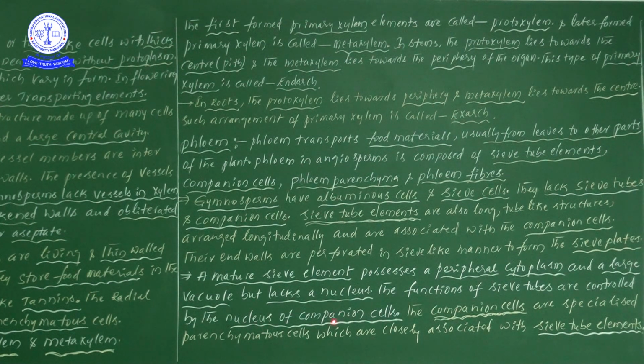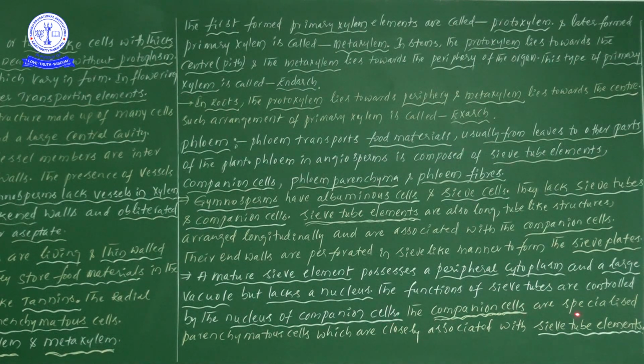It is a super topic; if you are understanding, okay, otherwise I will explain one more time in smart classes, no worry. Even though the nucleus is absent in mature sieve tube elements, all their work is under the control of the nucleus of companion cells.